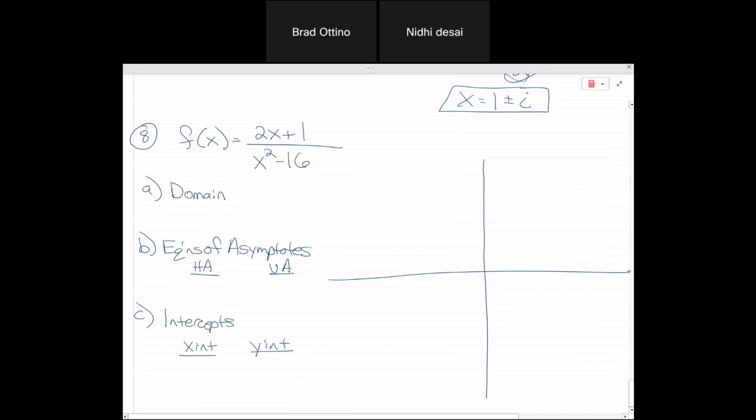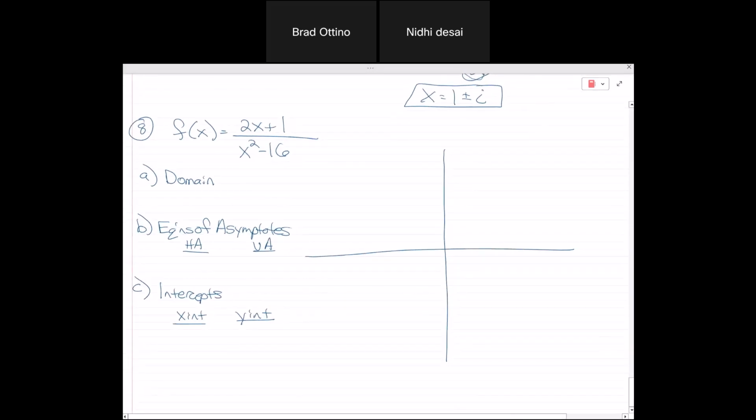So in your notes, why don't you go 8 units in each direction? That should give us plenty of space, and then we'll go ahead and answer these.